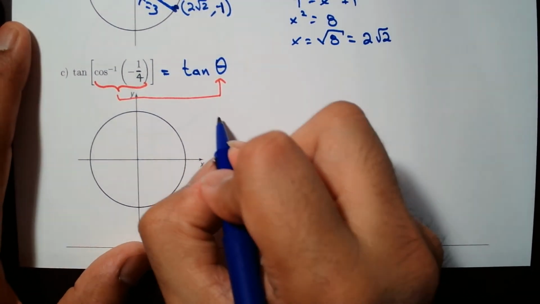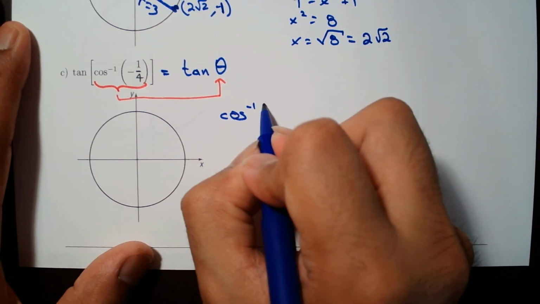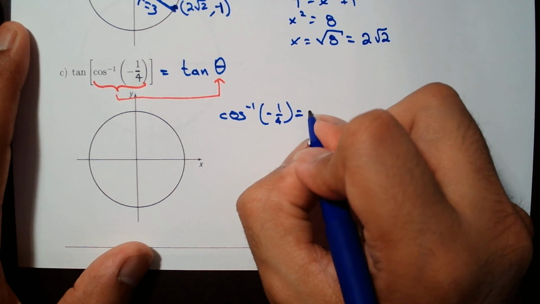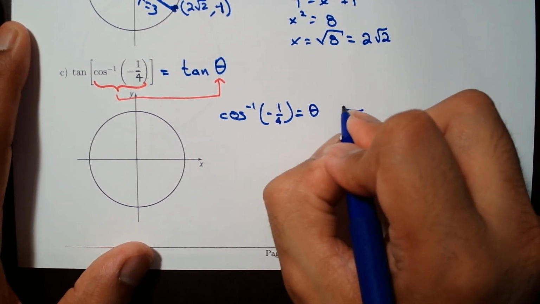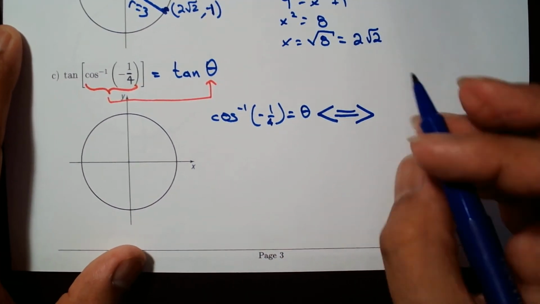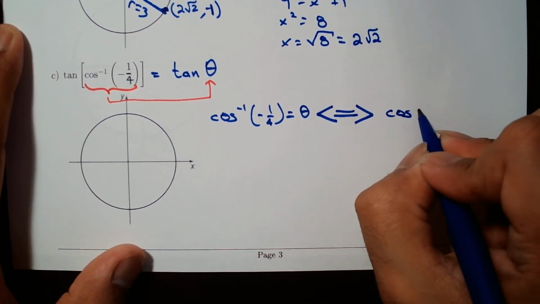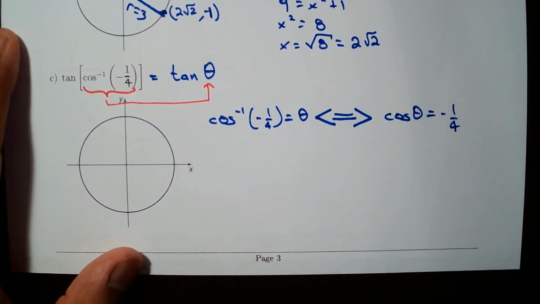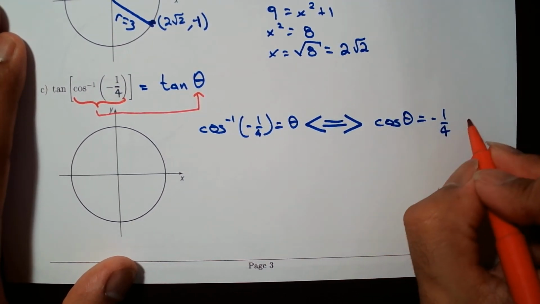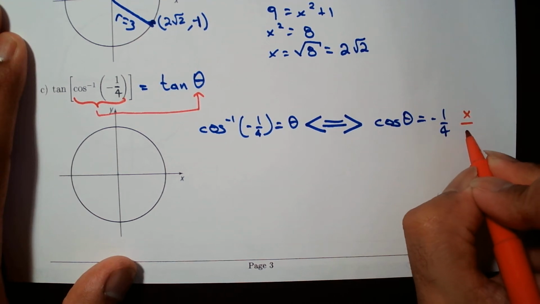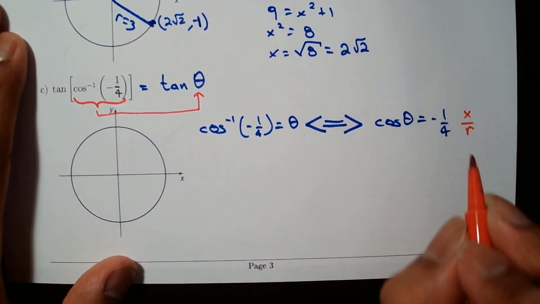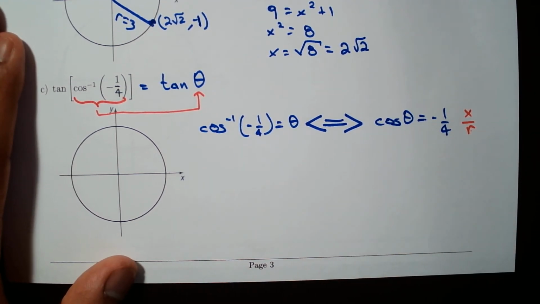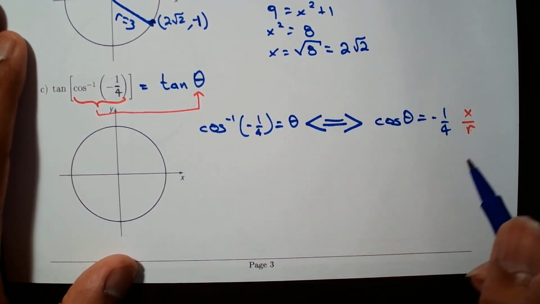So we're gonna write cosine inverse of -1/4 equals some angle theta, which really means that cosine theta equals -1/4. And by definition, cosine is x over r. Again, which one is going to take the negative? The x, because the radius r is never negative.